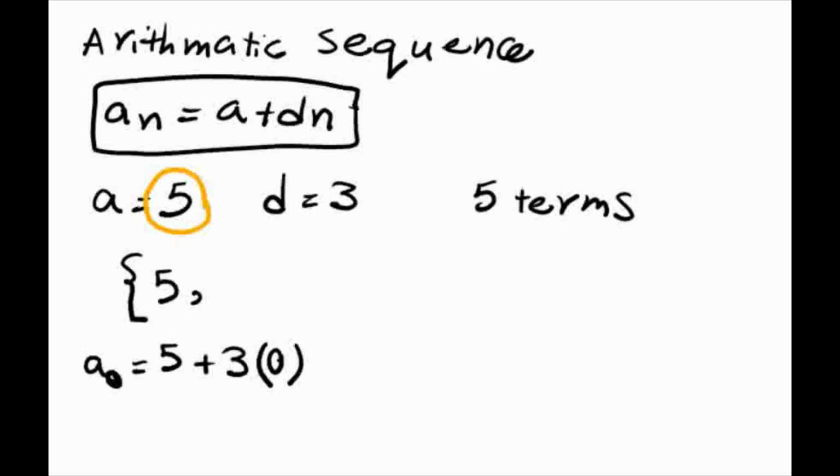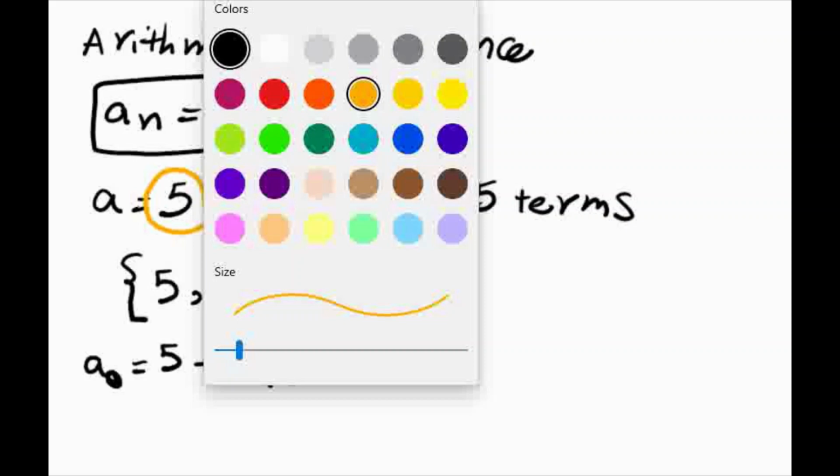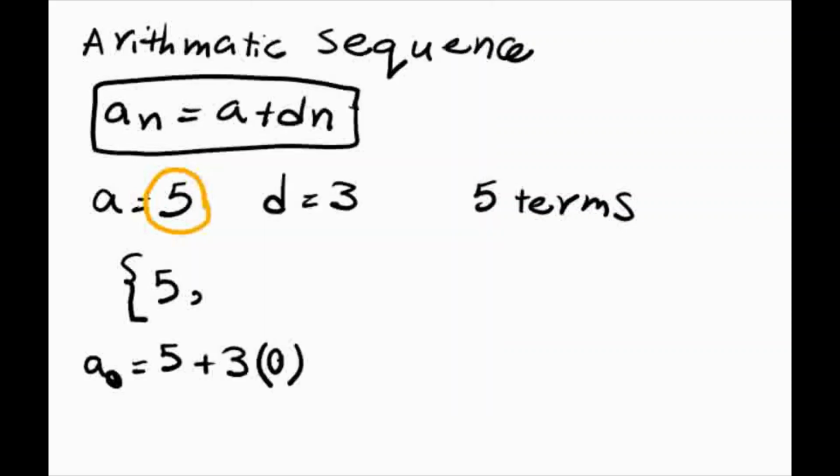And then we're going for my second term, which is going to be a sub 1, and it's going to be 5 plus 3 multiplied by 1, which is going to give me 8. So I'm going to write 8 here. For the rest of it, I'm going to do one more, and after that we know how to calculate it.